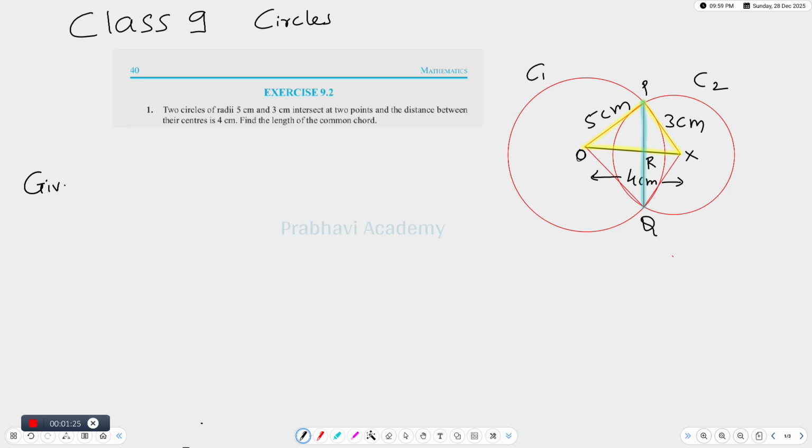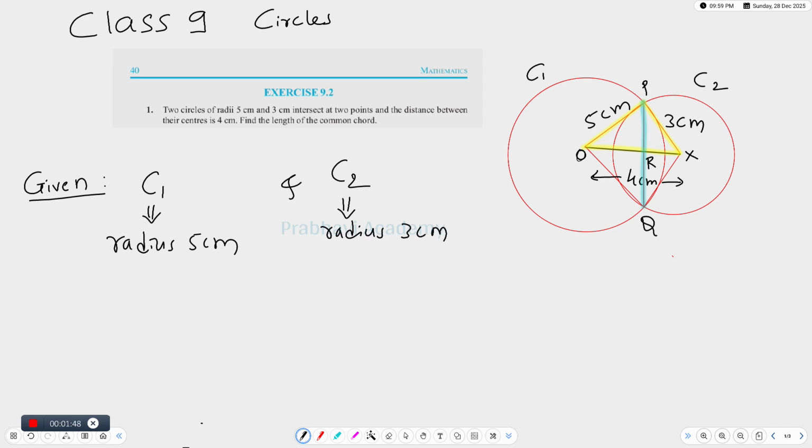So in this, what are given? C1 and C2, circle 1 and circle 2, and their radii are given. Radius of circle 1 is 5 centimeter and radius of circle 2 is 3 centimeter and distance between their centers is 4 centimeter.